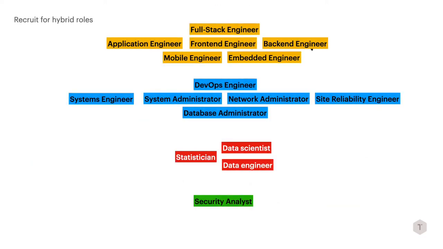So we can also use the 4 roles model in another way as well, and that's to recruit for modern hybrid roles. Many technical roles require a hybrid of different skills, and many candidates will have experience that sits across multiple roles. We can use the 4 roles model to reason about them.